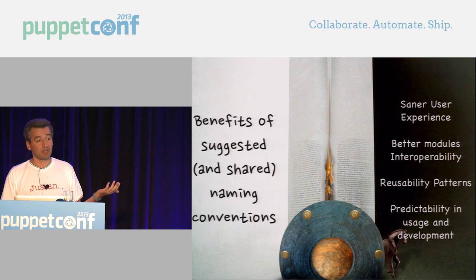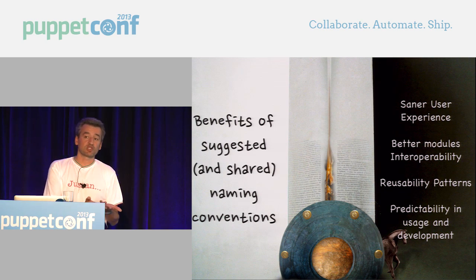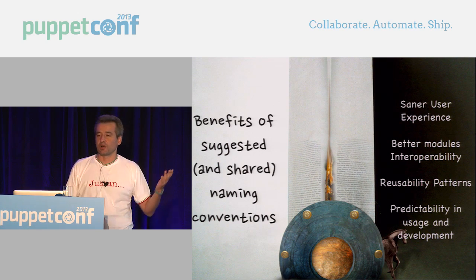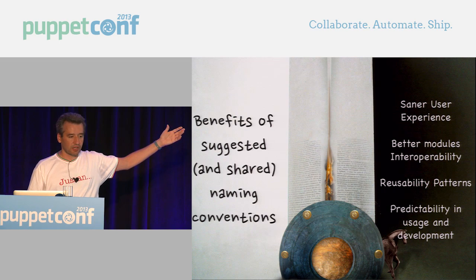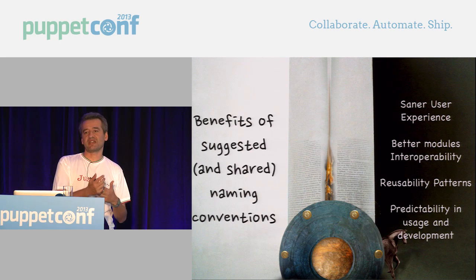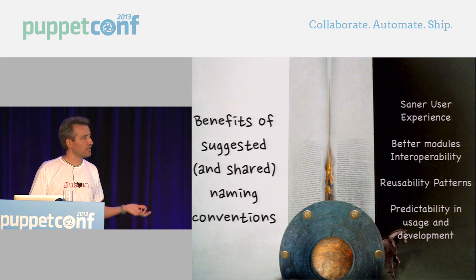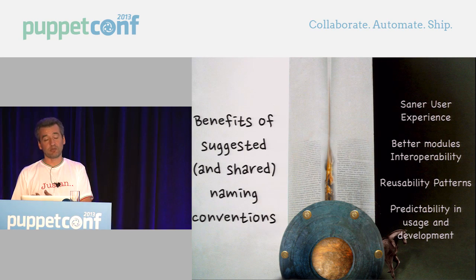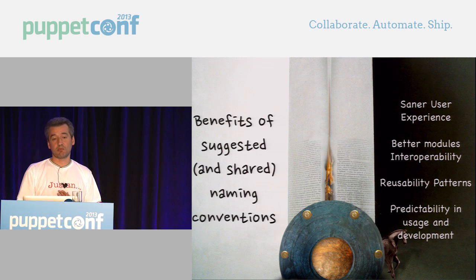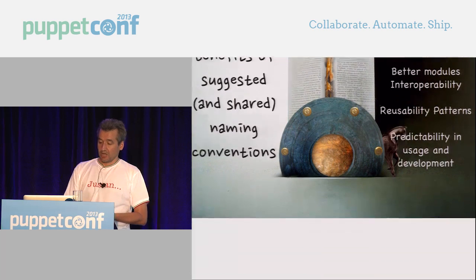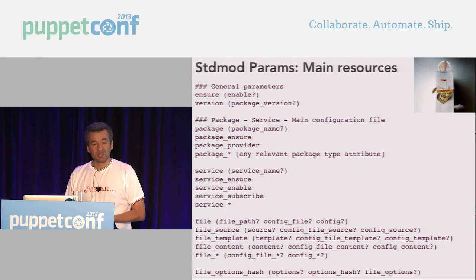Also, some naming standards can be useful to improve the reusability of modules, because if you suggest some naming standards that, for example, employ the kind of parameters we have seen before, that leave users options to decide how to manage files, manage users, and so on, automatically a module that uses this naming and these kinds of parameters probably has more reusability options, and so can be useful also for this kind of approach.